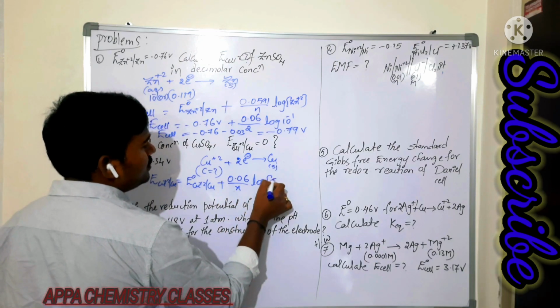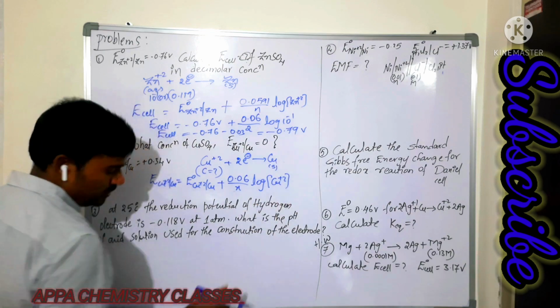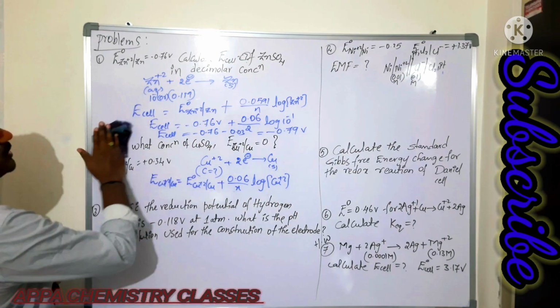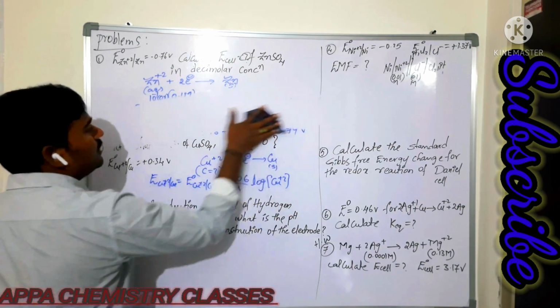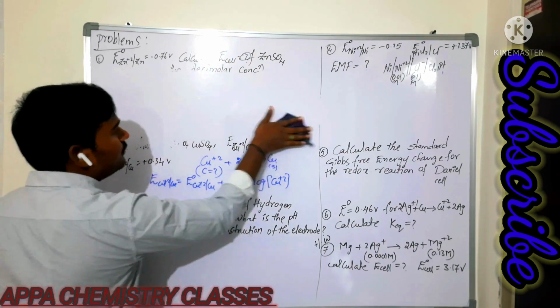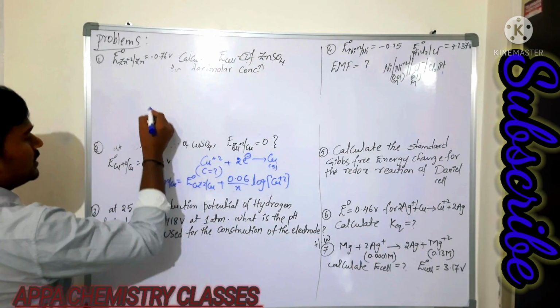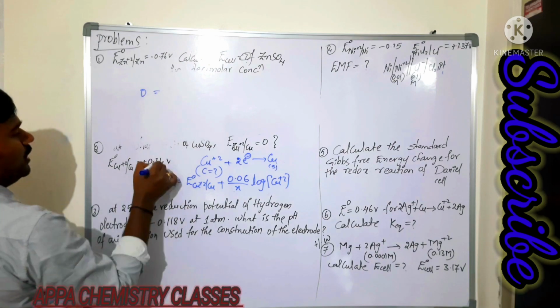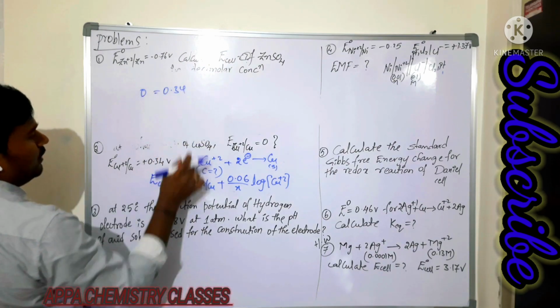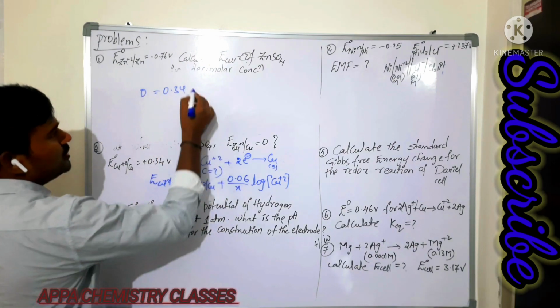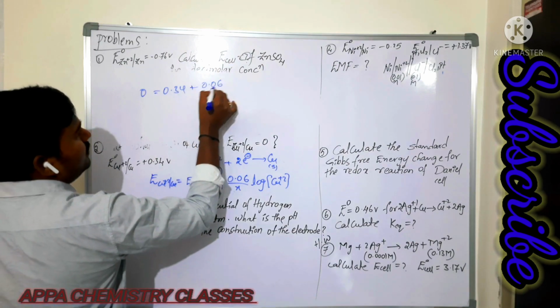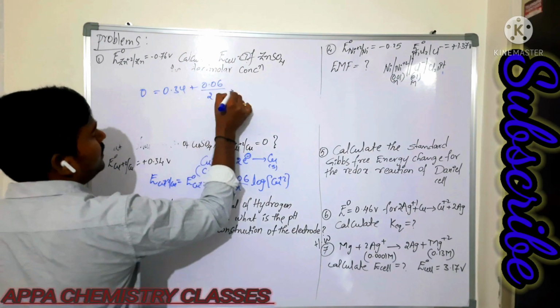So now in this case it becomes 0, it is 0.34, the given E naught of copper plus 2, 0.06 by how many electrons it is gaining? 2.